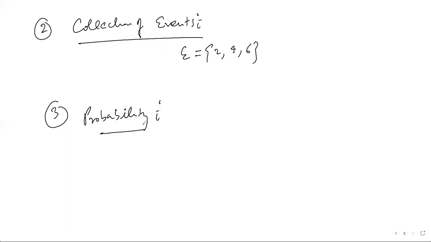To each event, which I previously denoted with the symbol E, I can associate the probability of that particular event, such that the probability lies between 0 and 1.